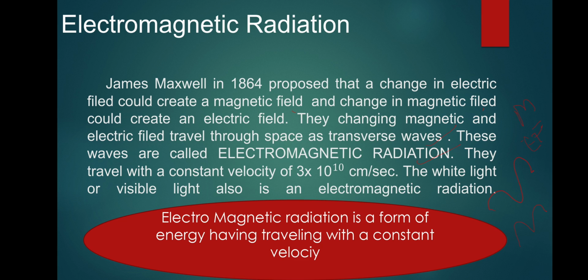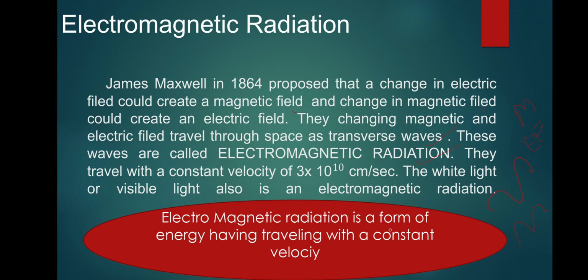When an atom or molecule hits something, there can be some form of waves. If an electric field is generated, that electric field can generate a magnetic field, and the magnetic field can also generate an electric field. So both components will be there, and they travel as a wave. That wave is what we call electromagnetic radiation.